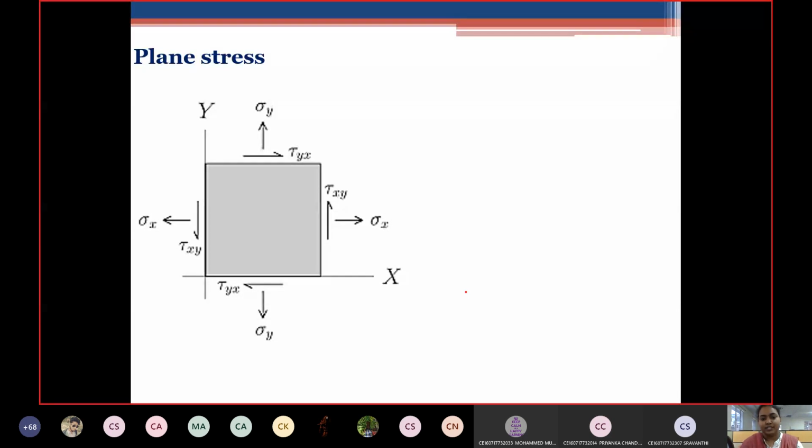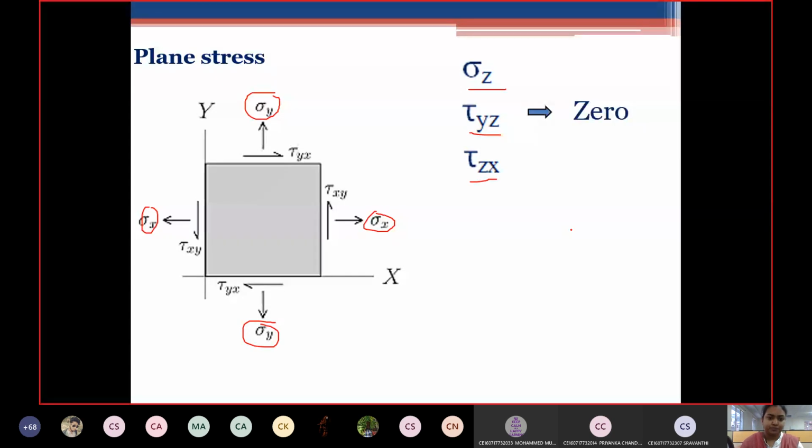I am only going to have normal stresses in x direction, normal stresses in y direction, and the respective shear stresses. It means that the normal stress and shear stresses along the z direction, sigma z, tau yz, tau xz, the other 3 components will become 0. This constraint is called plane stress.